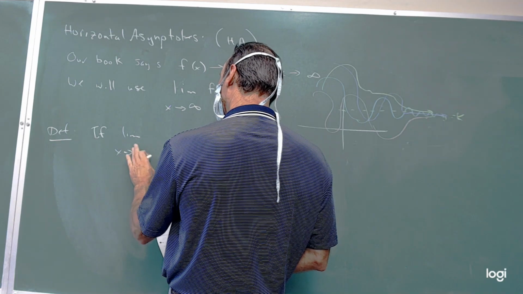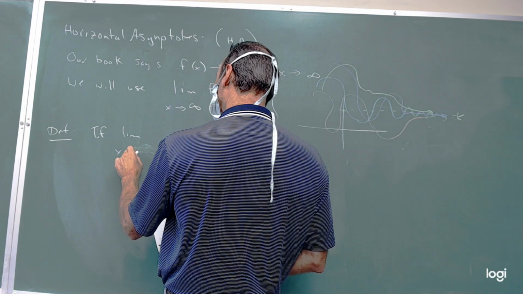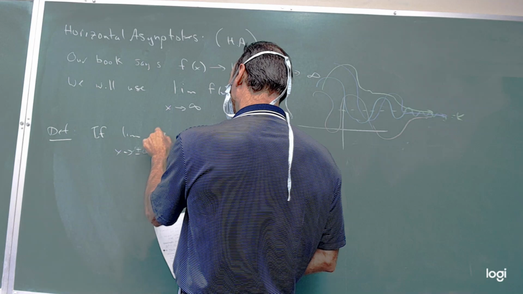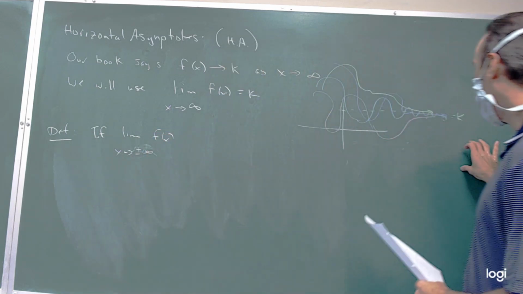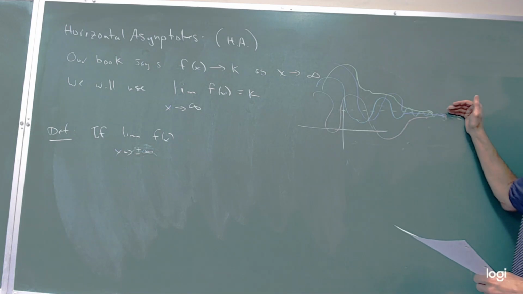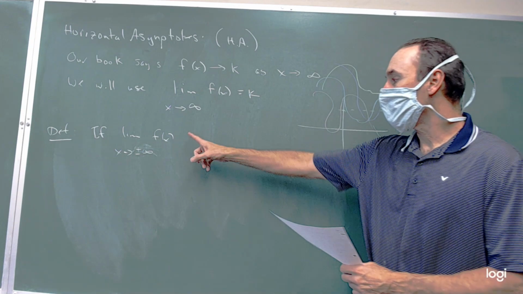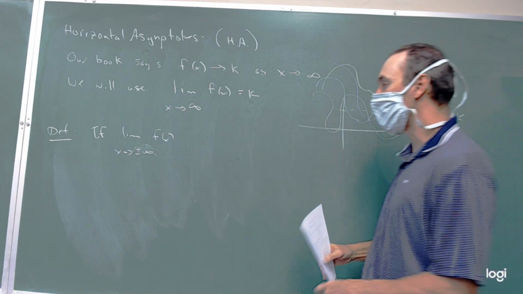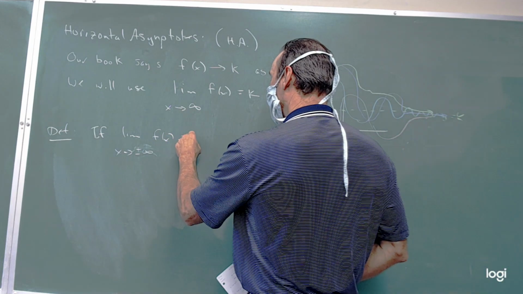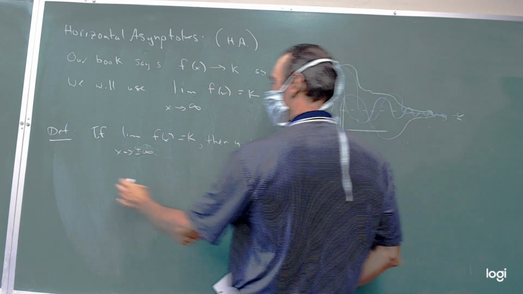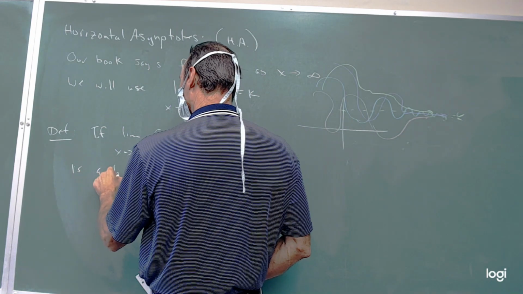I'm going to write it this way: if the limit as x goes to positive or negative infinity of f of x approaches a single number, going way out to the right or way out to the left, and that is equal to k, then we say y equals k is a horizontal asymptote.